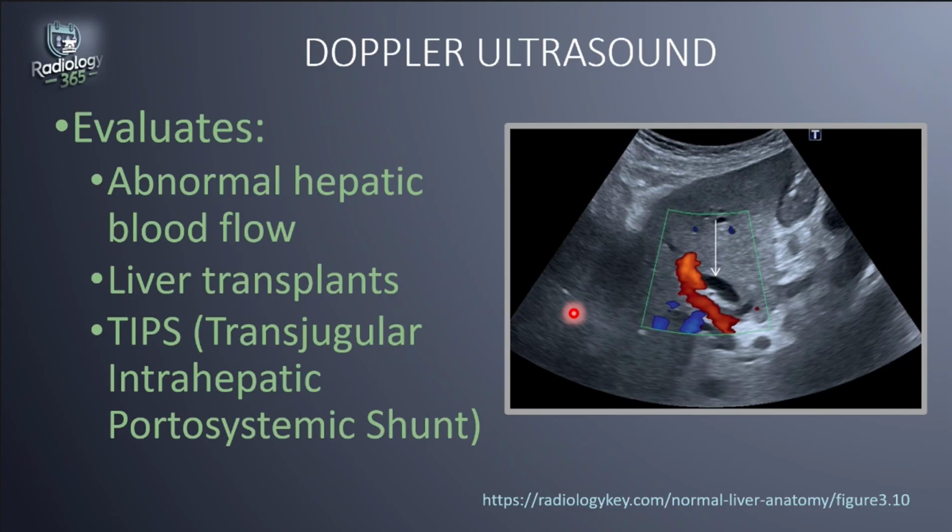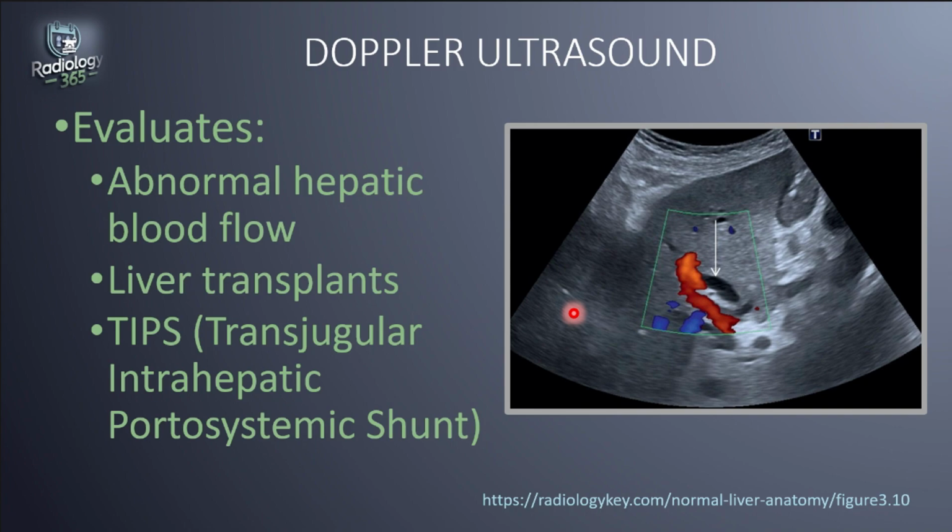Doppler adds significant value by allowing us to evaluate blood flow. This is crucial for assessing hepatic inflow and outflow, transplant viability, or even the function of TIPS, transjugular intrahepatic portosystemic shunts. It helps us identify vascular complications like maybe portal vein thrombosis or hepatic artery stenosis.